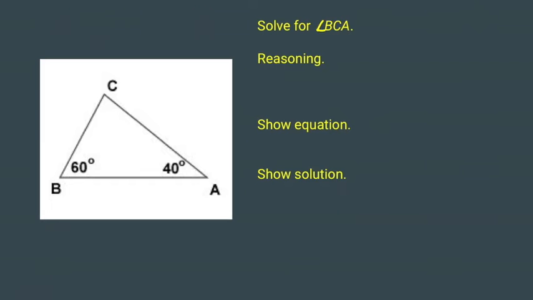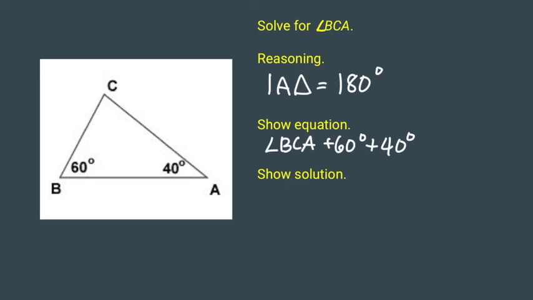Okay, so our reasoning is we are using interior angles of a triangle equals 180 degrees. Our equation is angle BCA plus 60 degrees plus 40 degrees equals 180.